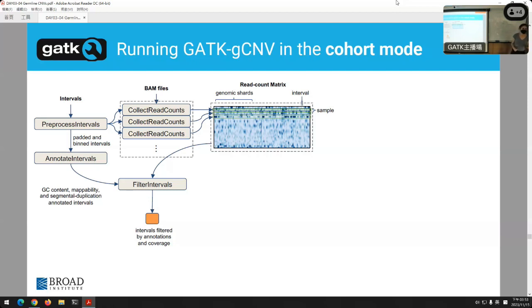And we end up with a filtered list of intervals where we're confident we can perform CNV calling well. Then we use those intervals and our read count matrix, and we determine germline contig ploidy. So again, this is where we're trying to find out how many copies of each chromosome each sample has, and that will become our baseline expectation for copy number for that sample on that chromosome, and any deviations from that baseline are what we're going to call CNVs.